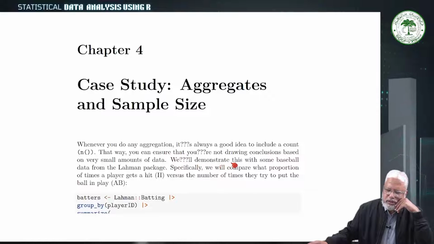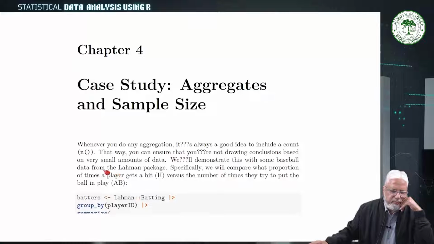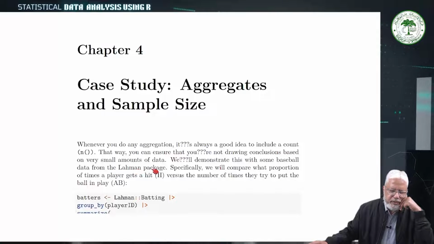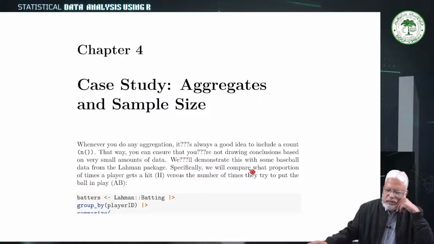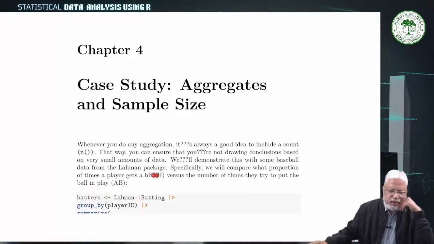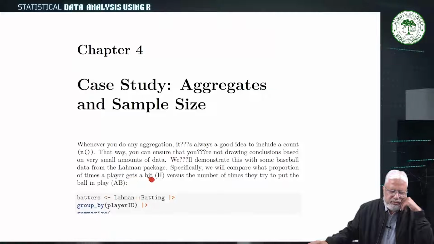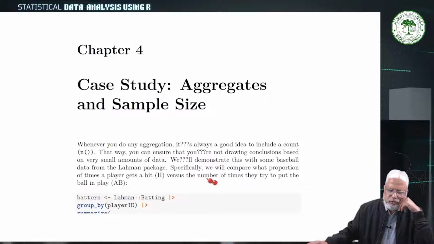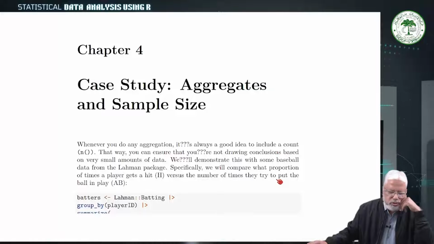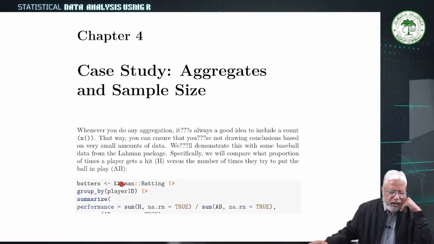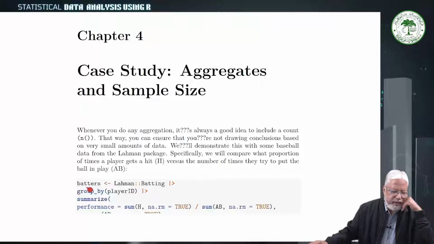We will demonstrate this with some baseball data from the Lahman package. Specifically, we will compare what proportion of times a player gets a hit, H, versus the number of times they try to put the ball in play, AB.